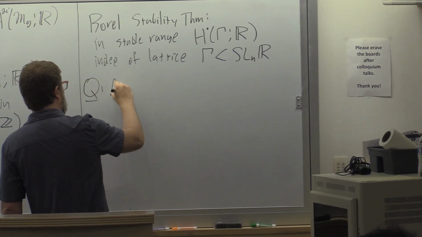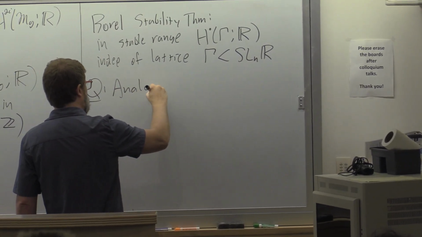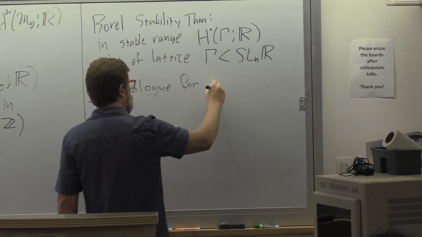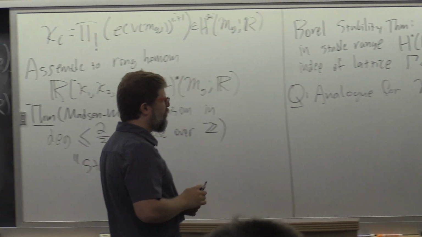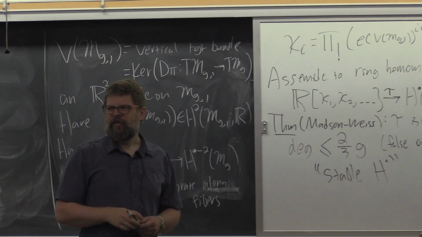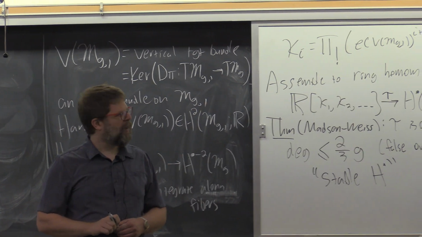The question is: is there an analog for Mg? So what could this possibly mean? What that means is sort of a complicated business.